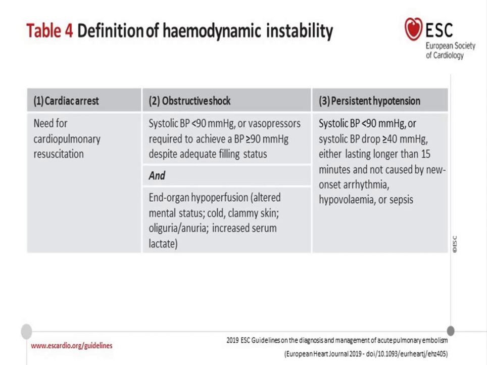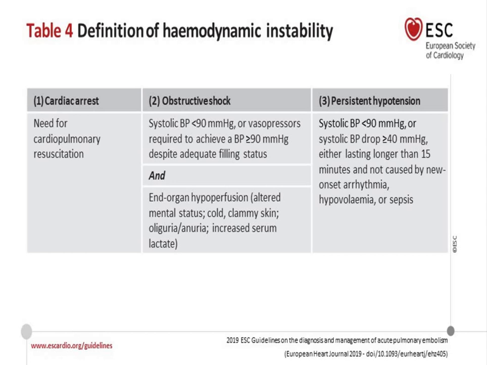Patients with cardiac arrest, need for cardiopulmonary resuscitation, patient with obstructive shock, with systolic blood pressure lower than 90 mmHg, or vasopressors required to achieve a blood pressure higher than 90 mmHg despite adequate filling status, and end-organ hypoperfusion: altered mental status, cold clammy skin, oliguria, anuria, increased serum lactate.